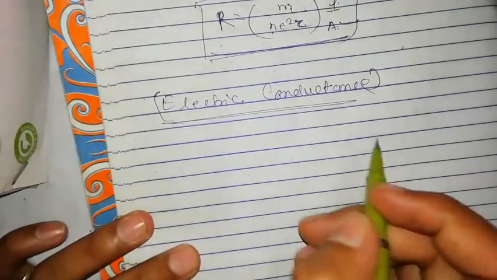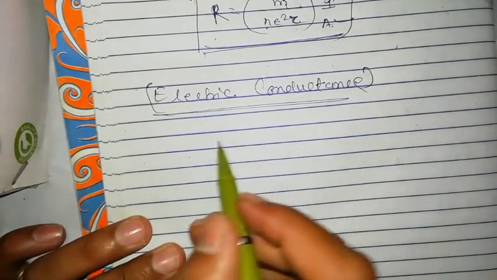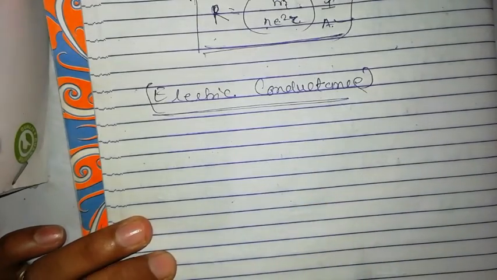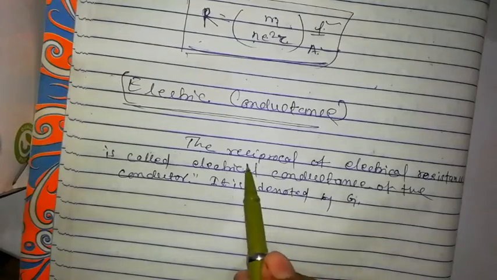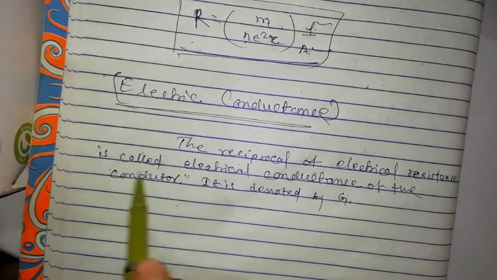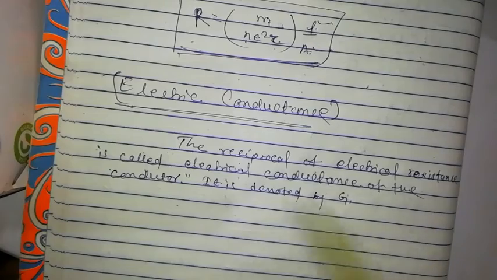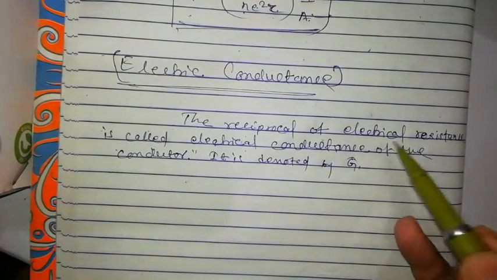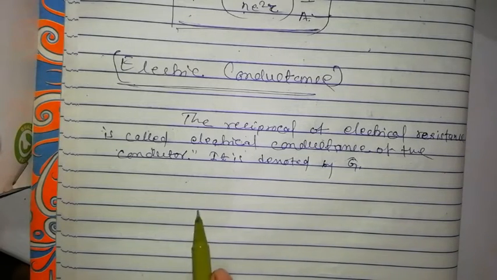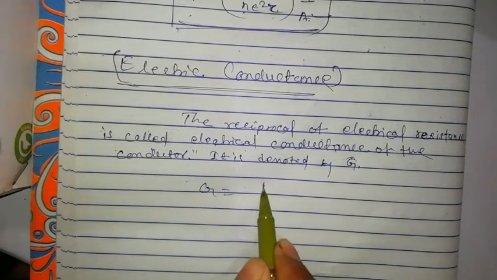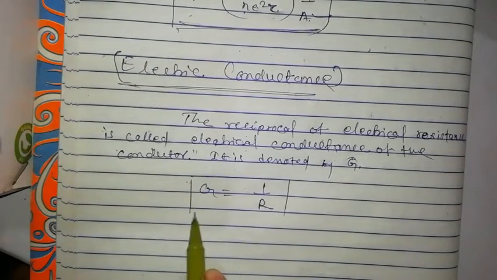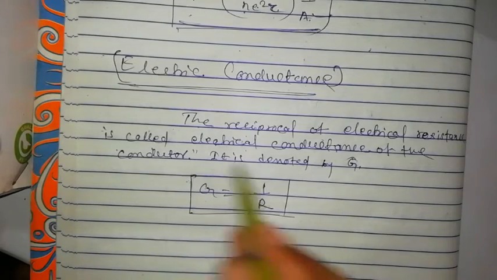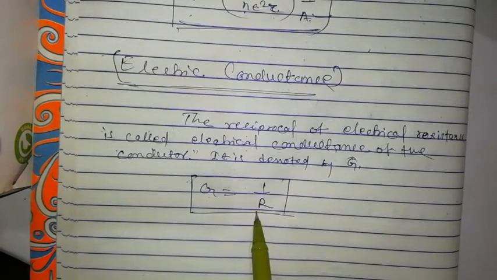The reciprocal of electrical resistance is called the electrical conductance of the conductor. It is denoted by capital G. Reciprocal of electrical resistance means G is equal to 1 upon R, where R is the electrical resistance.